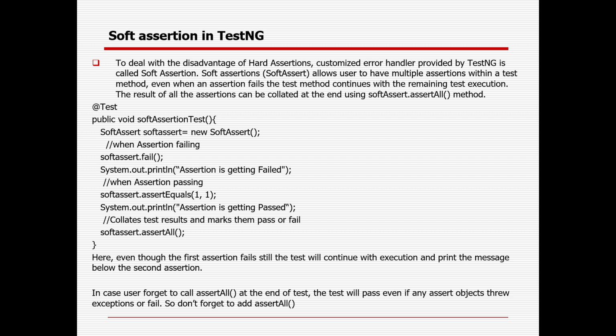Soft assertion allows the user to have multiple assertions within a test method. Even when an assertion fails, the test method continues with the remaining test execution. The result of all the assertions can be collated at the end using the softAssert.assertAll method.